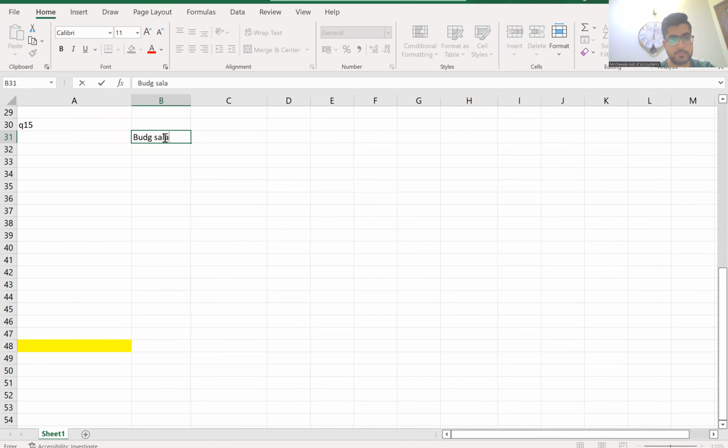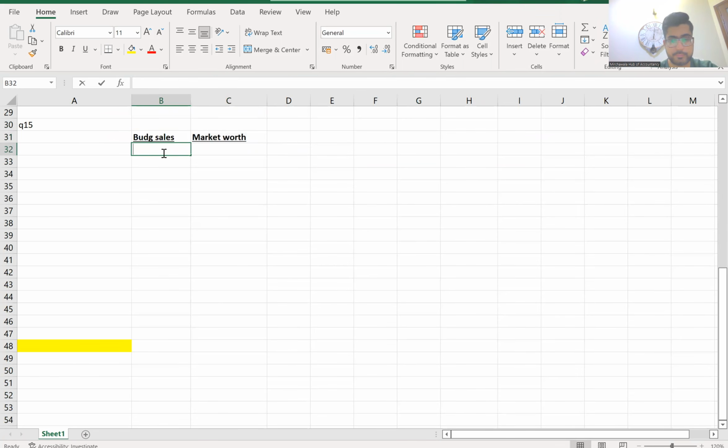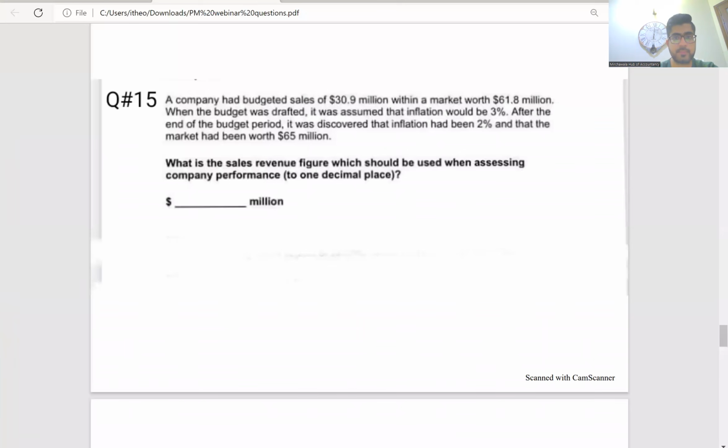When the budget was drafted, it was assumed that inflation would be 3%.